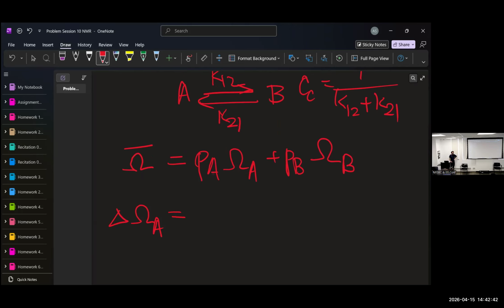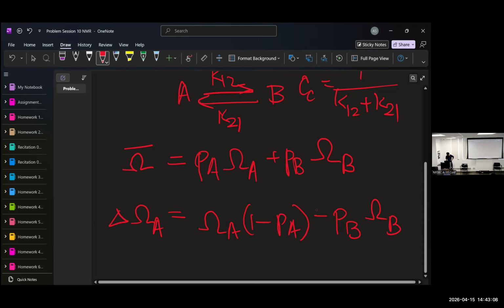How much does A deviate from the mean? That's right.